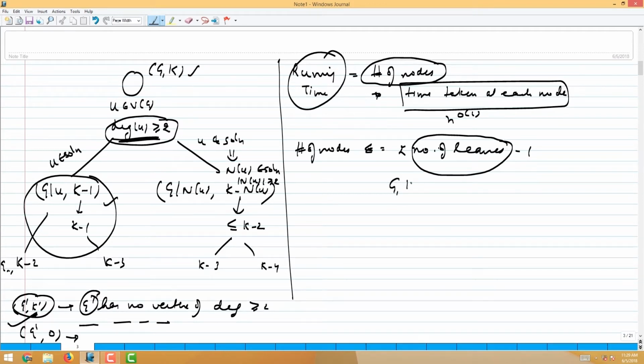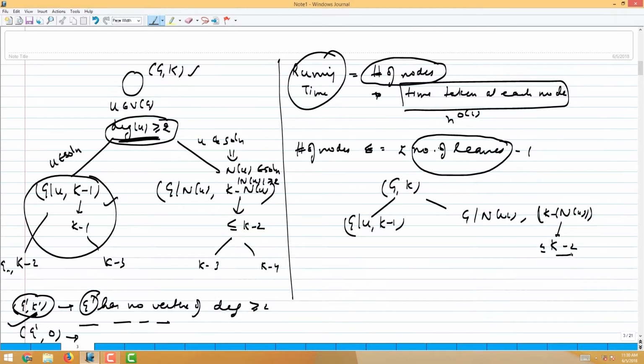We had an instance G comma k, and we are making instances which are G minus u and G minus N of u, and this is at most k minus 2. If you want to write a recurrence, then how should it look?